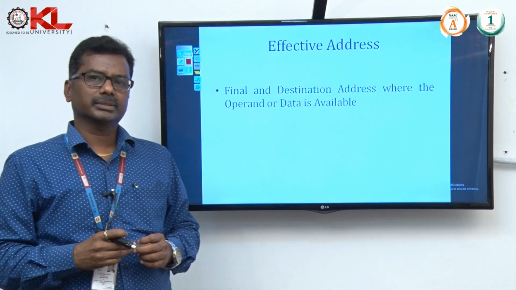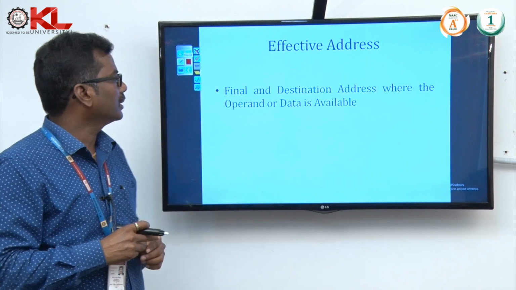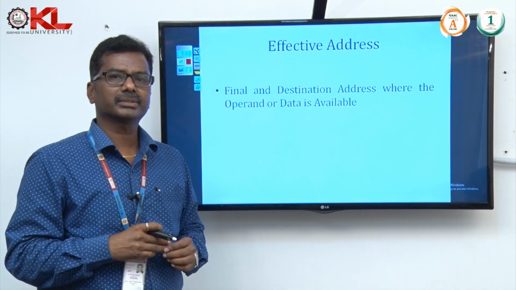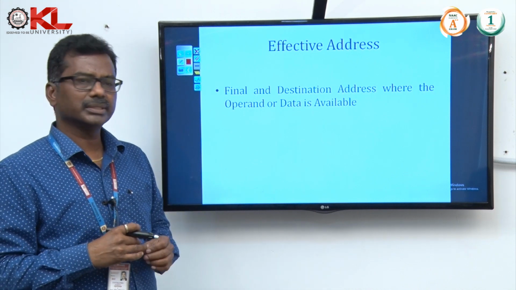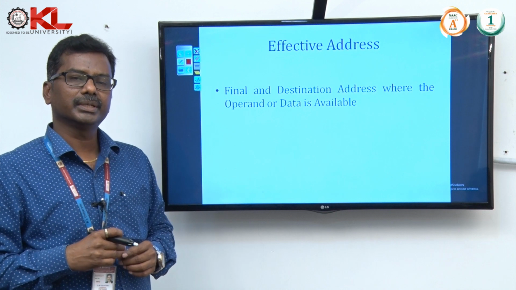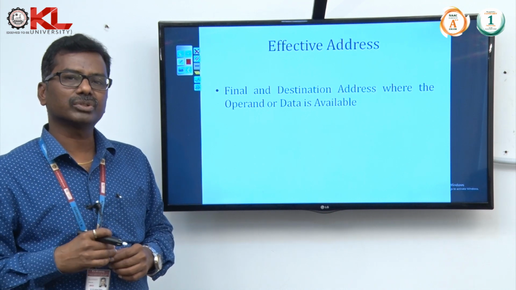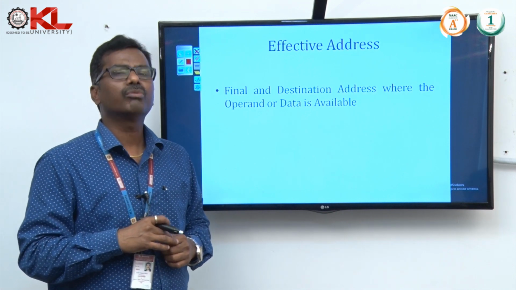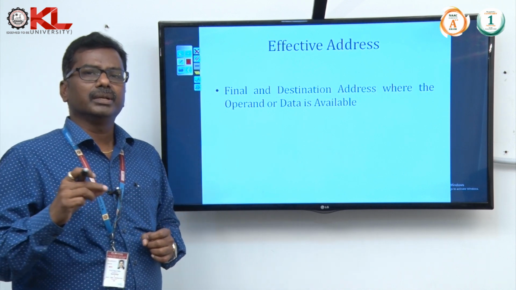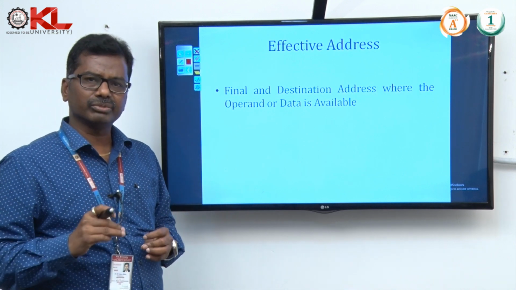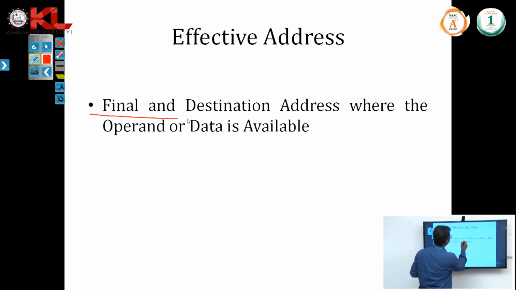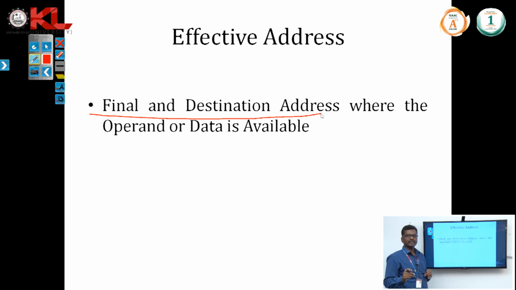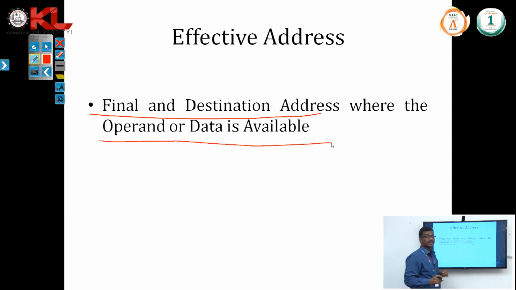Now, another important address that we come across while dealing with computer organization, especially while discussing the addressing modes, is the effective address. What is this effective address? In simple words, the effective address is the final or destination address where the operand or the data is available.